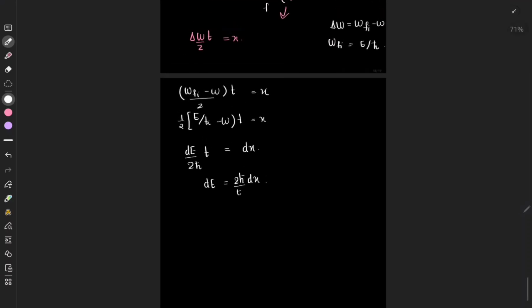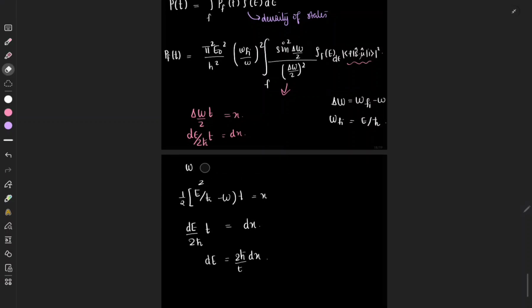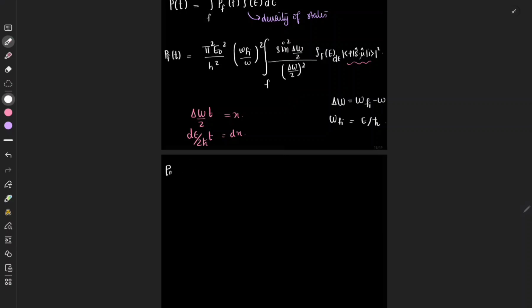Fine. So dx is dE by 2h cross T, and we'll just substitute. We'll get pi square E naught square by h square. You just have to substitute it. I missed a T here.